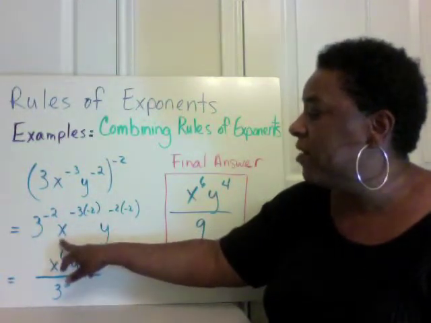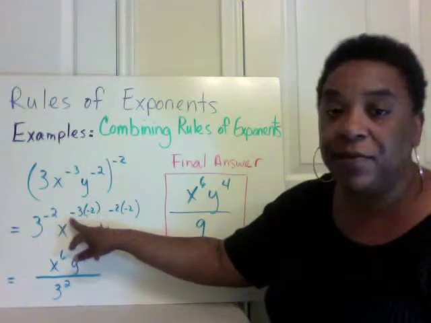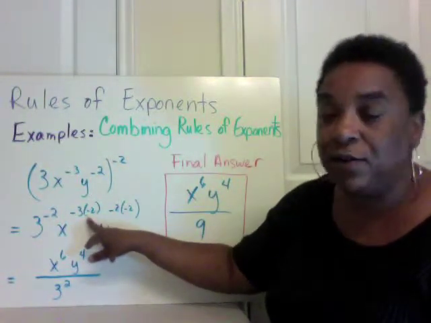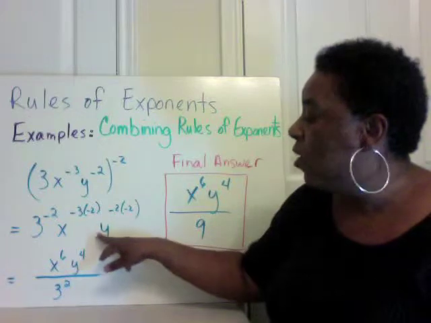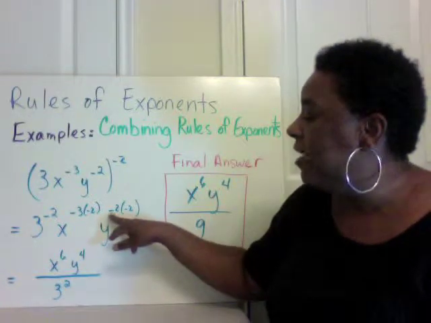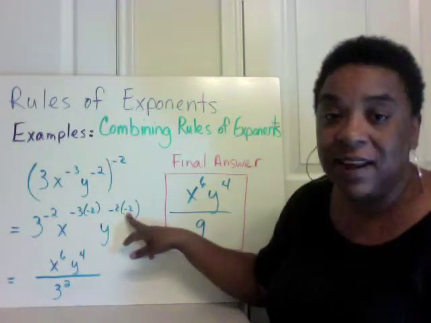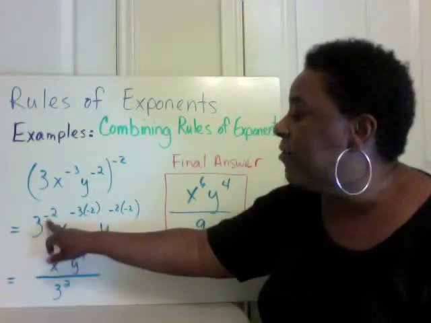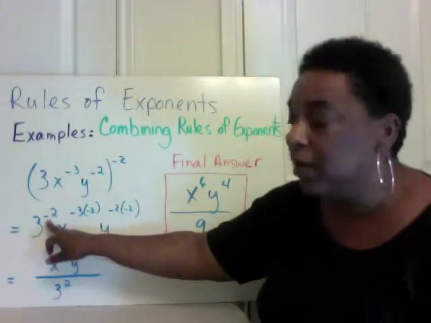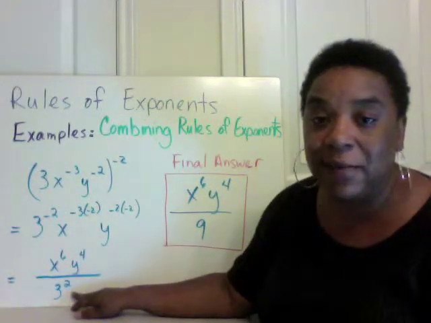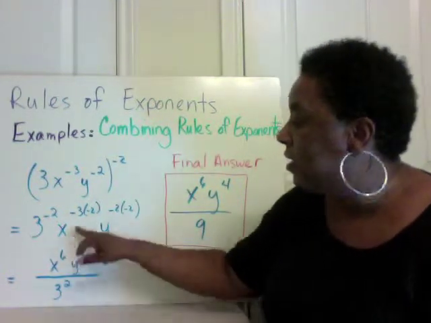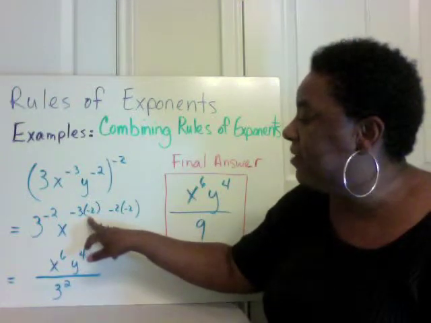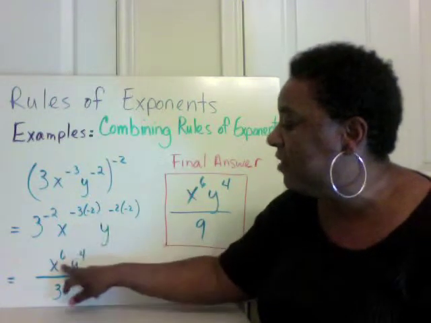We have x raised to the power of negative 3 times negative 2 times y to the power of negative 2 times negative 2. Now since 3 is being raised to a negative exponent, we'll move that down to the denominator. Now negative 3 times negative 2 equals positive 6.